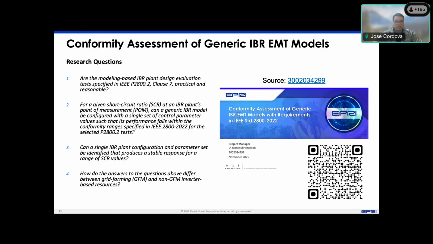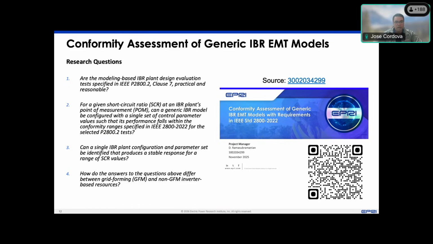And our questions were, first of all, trying to figure out whether the DOT2 tests were practical and reasonable, at least for these models, and whether we could configure an IBR model to conform with the base standard and the DOT tests, as well as whether we can do this for different grid conditions, for SCR values that resemble either a weak grid or a strong grid at the point of measurement.